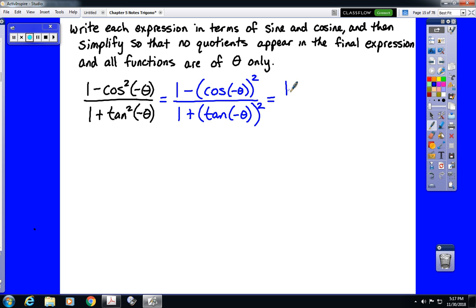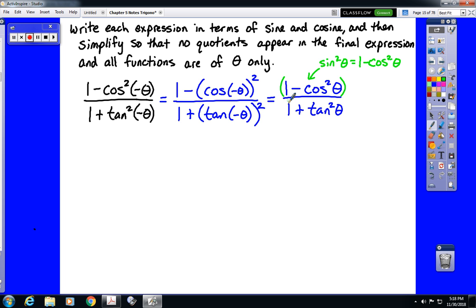So this becomes 1 minus cosine squared over 1 plus tangent squared. And those negative thetas kind of disappear because they're being squared. Now both the top and the bottom of that fraction are forms of Pythagorean identities. On top, if we rearrange our first Pythagorean identity, one of those forms was that sine squared is equal to 1 minus cosine squared.